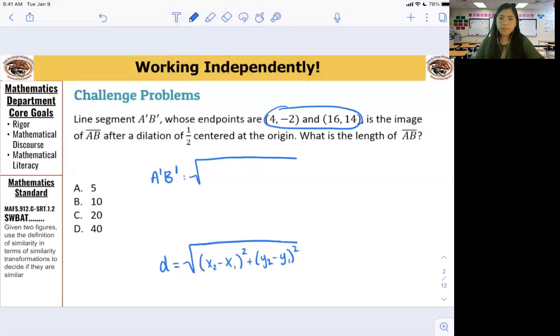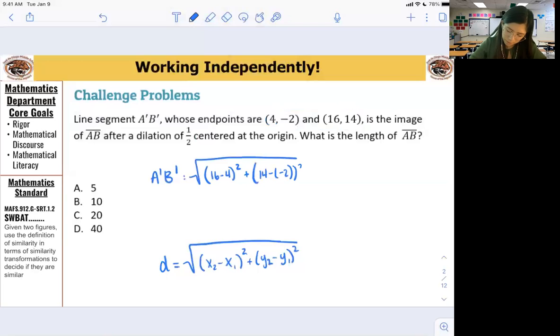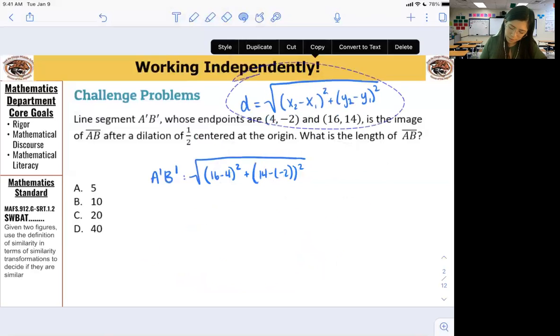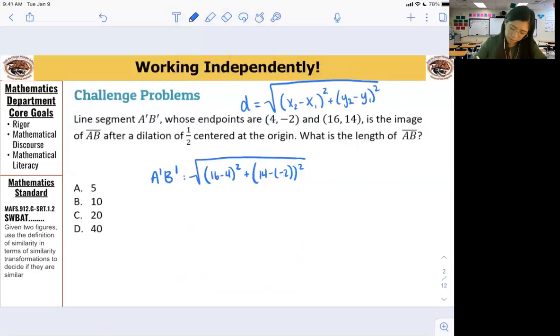Okay. Thank you, Jalen. So now let's go ahead and use the distance formula for A prime B prime. So x2 minus x1, that's going to be 16 minus 4 squared. And then 14 minus -2 squared. What's 16 minus 4? 12. What is 14 minus -2? 16. Good.